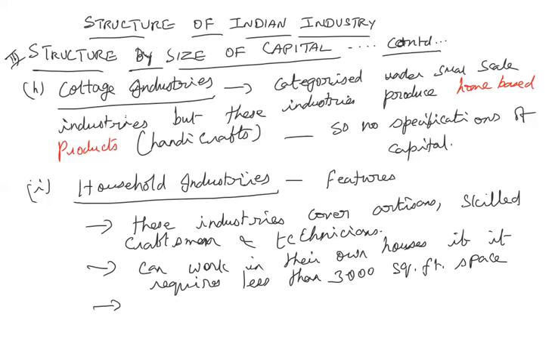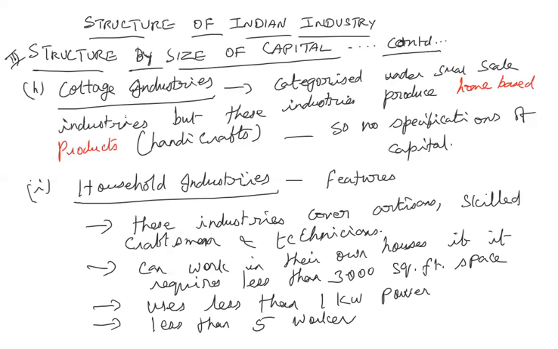And very limited usage of power. In cottage industries, mostly they don't use power. So this one is slightly different. They use less than 1 kilowatt of power. They employ less than 5 workers.